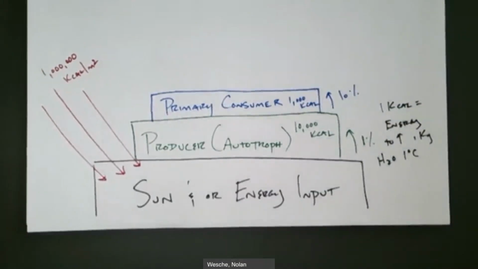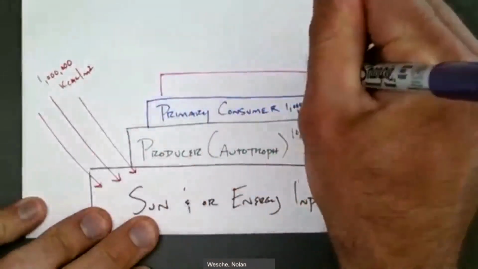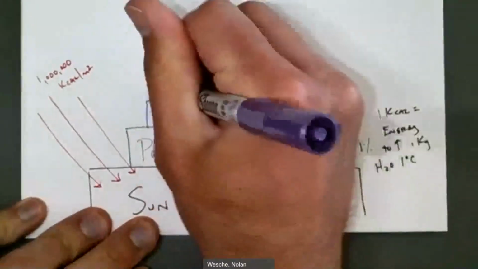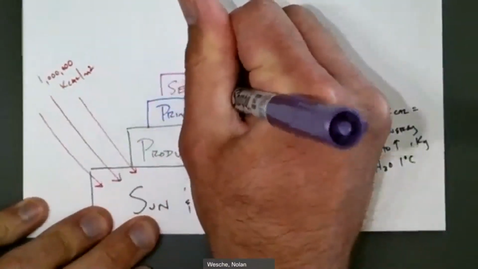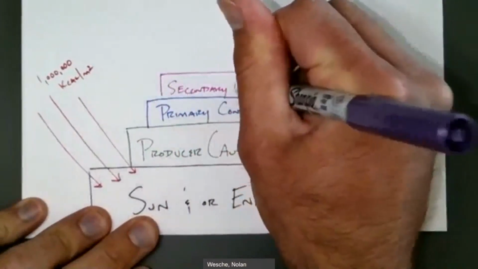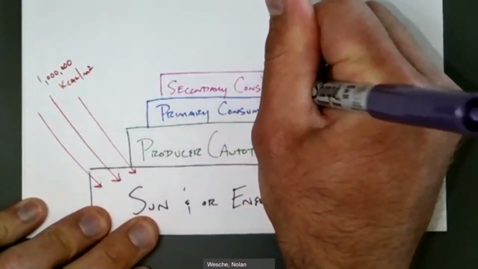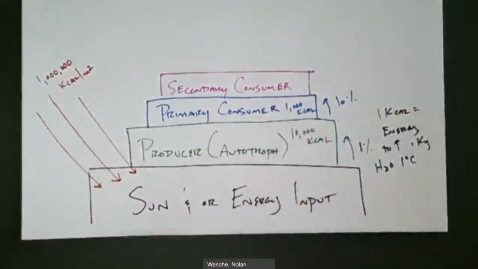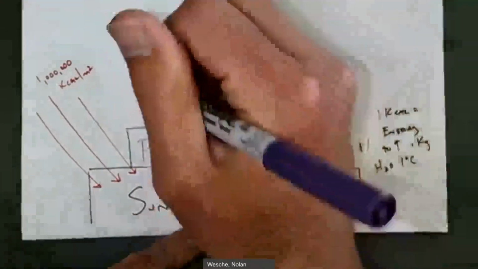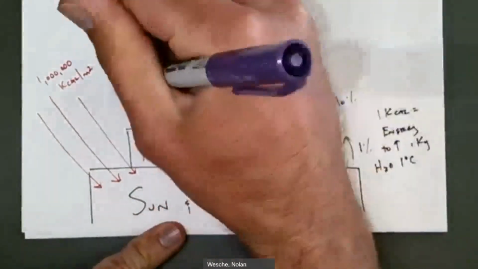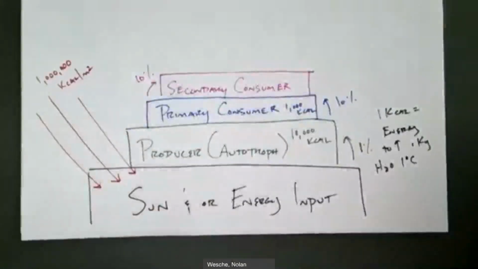We step this up. We talk about then secondary consumers, right? Secondary consumer. We'd be talking about, again, heterotrophs. Carnivores are going to be there at this stage, omnivores as well.